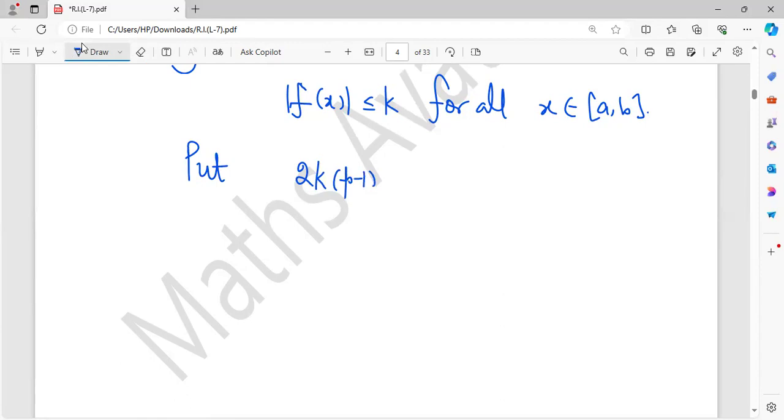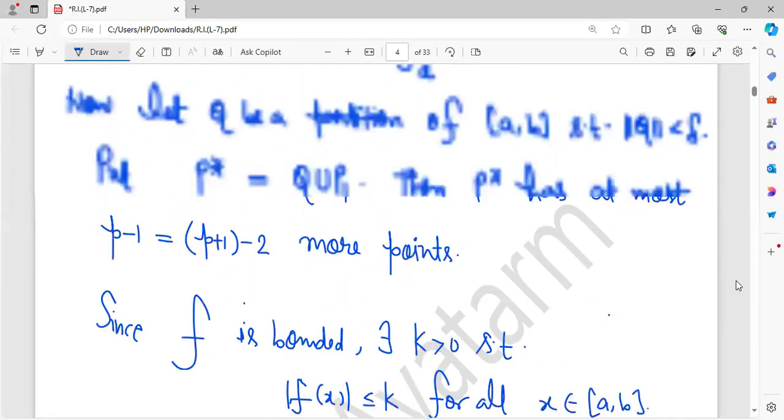Okay, delta is equal to epsilon by 2 divided by this, because the norm of the partition is this.